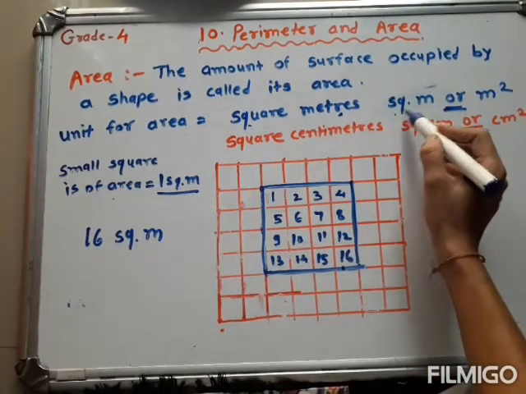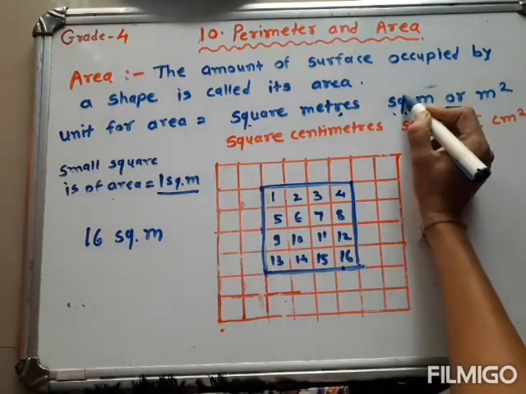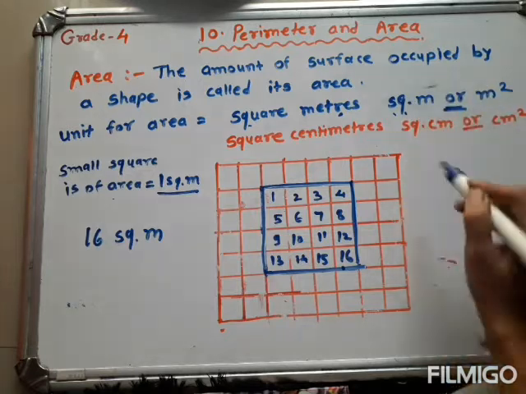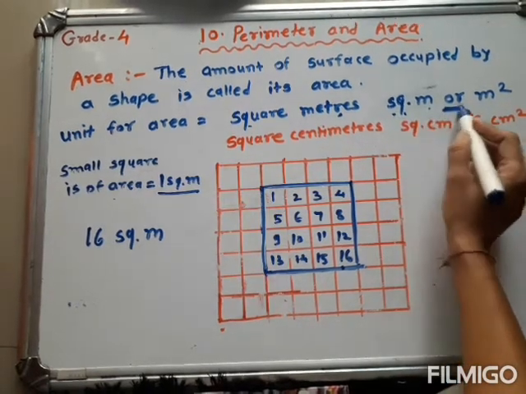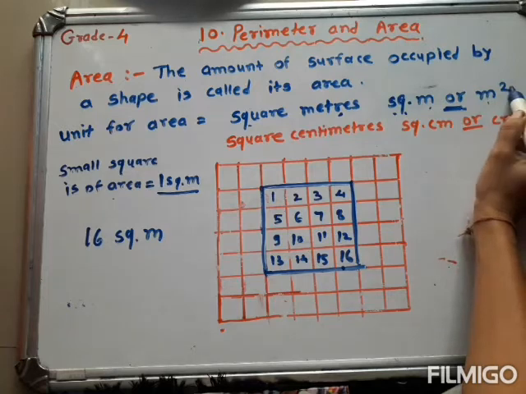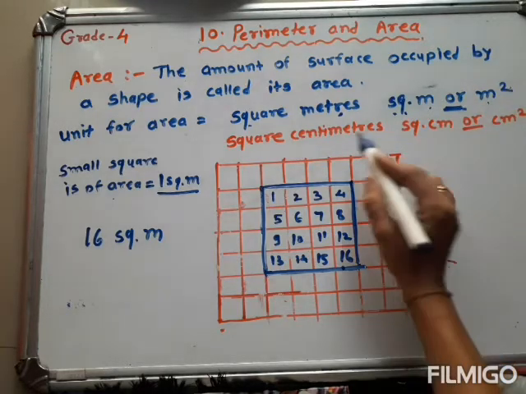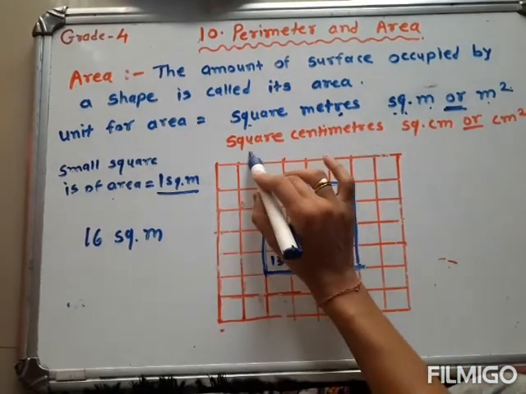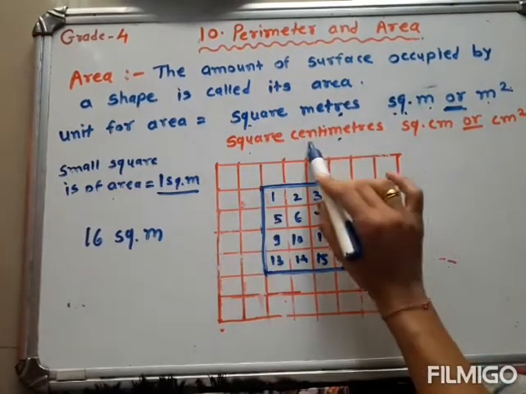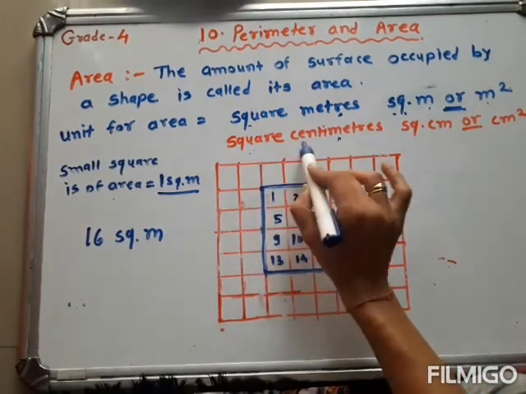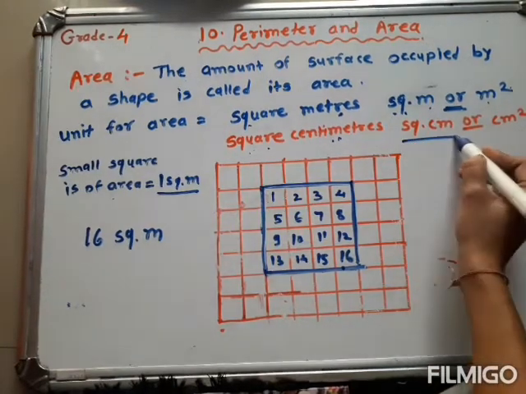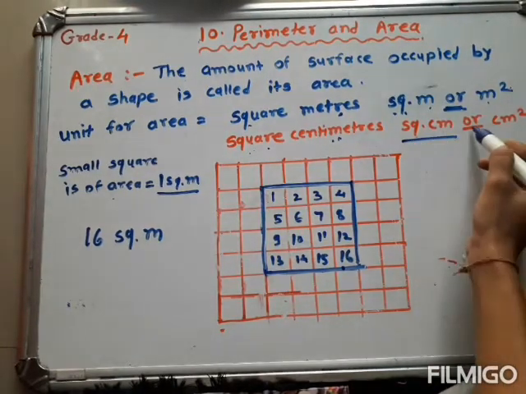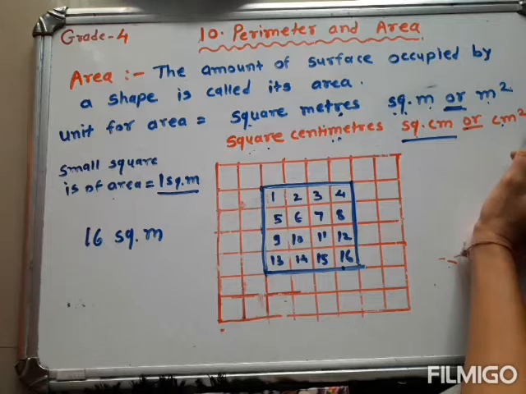We write it as sq. m, short form, or meter square. Or if the area is given in centimeters, then square centimeter, short form sq. cm, or centimeter square. These are the units.